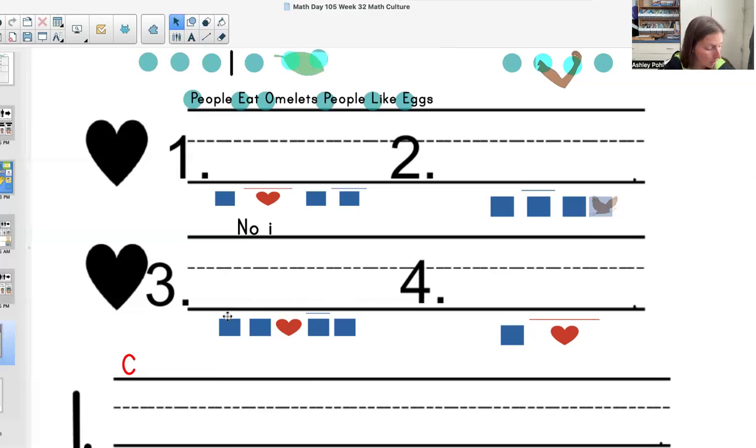All right. The heart word that we talked about this week was the word pretty. Pret-ty. Let's go ahead and spell pret. P, R, and guess what? No I. There's no I in pretty. Think about what the other vowel could be.